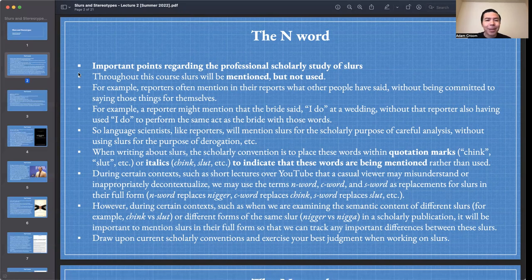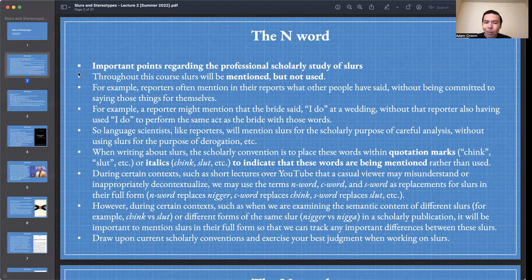So language scientists, like reporters, will mention slurs for scholarly purposes without using slurs for derogation, for example. When writing about slurs, the scholarly convention is to place these words within quotation marks or in italics to indicate that these words are being mentioned rather than used.